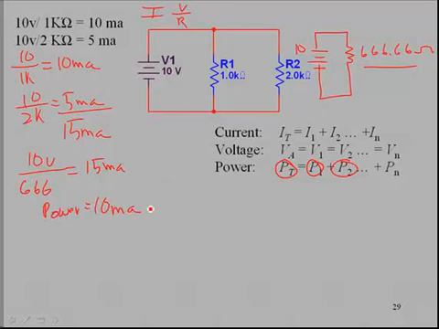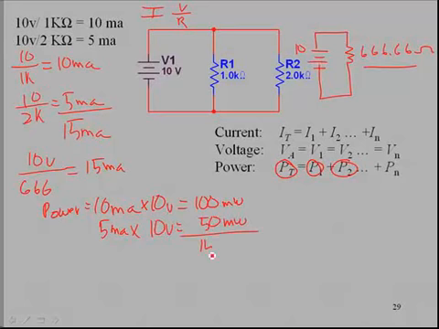So 10 milliamps times the 10 volts would give us 100 milliwatts. That would be across R1. Then across R2, the current was 5 milliamps times, again, the applied voltage, 10 volts, equals half of that, 50 milliwatts. So we should have 150 milliwatts of power.